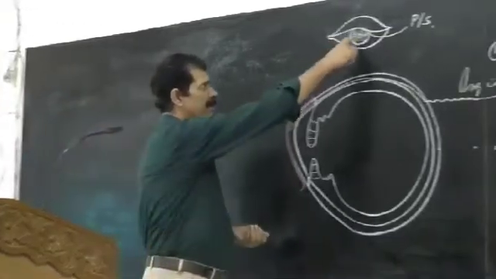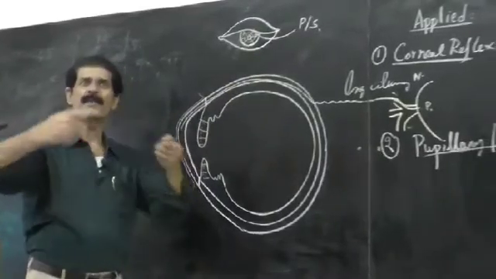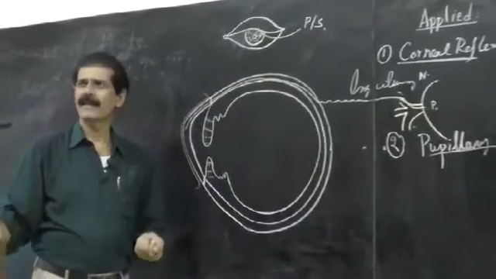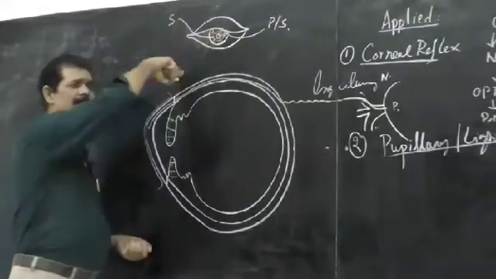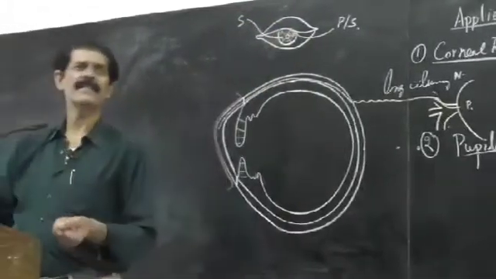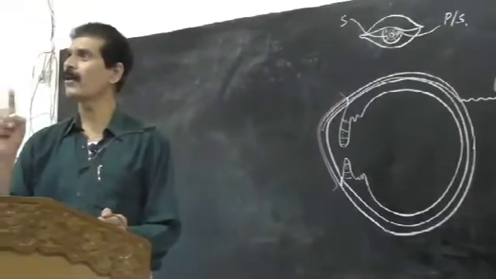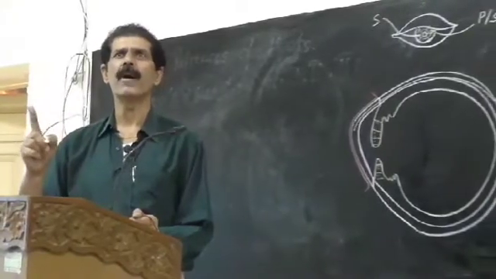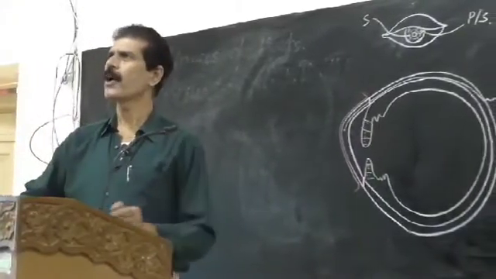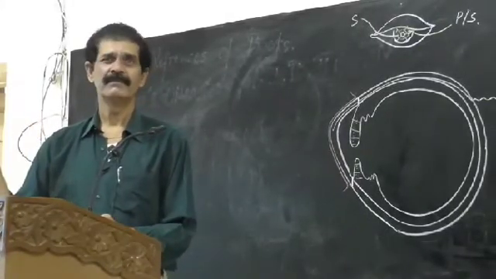Then the radial muscles. When the radial muscles contract, what will they bring about? They will stretch the pupil, and the pupil will be dilated. And who is supplying them? Opposite to the parasympathetic is the sympathetic. So sympathetic fibers always supply the radial muscles of the iris to bring about dilatation of the pupil during evening and night.